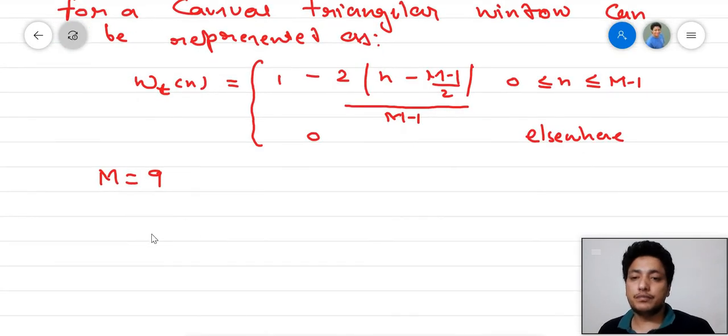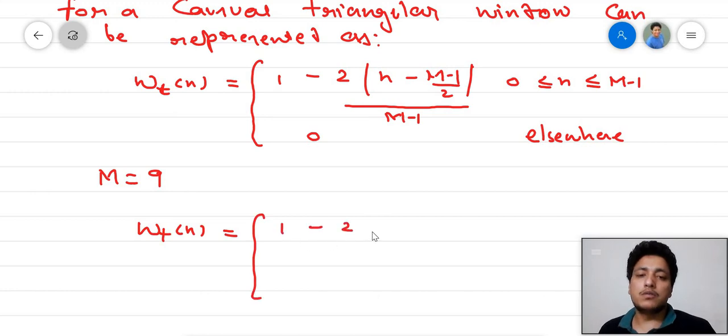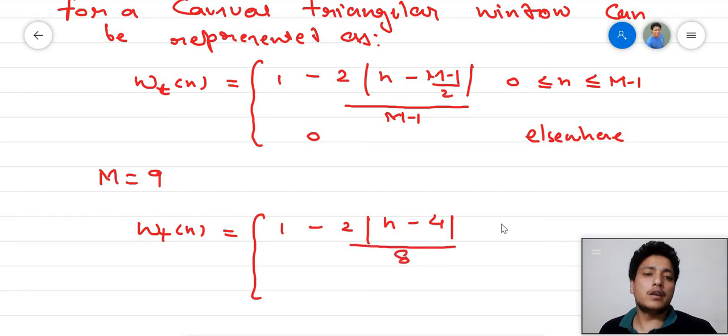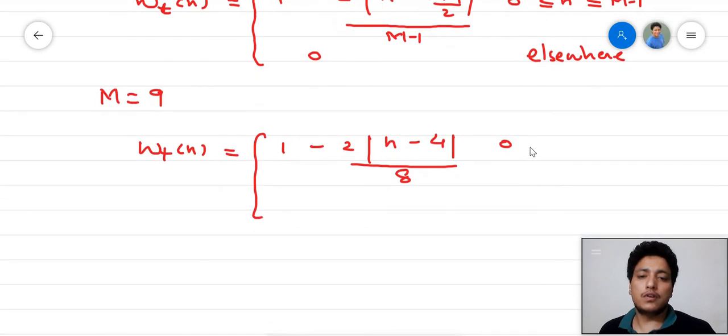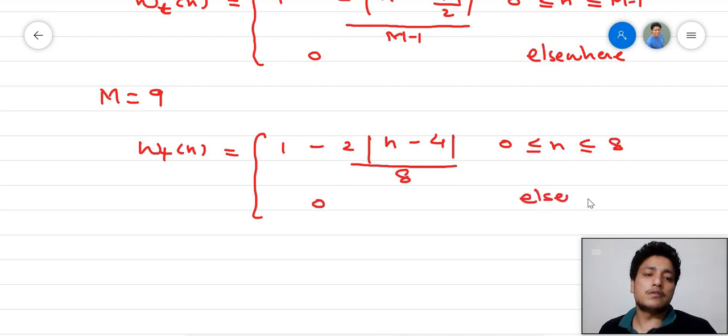Then w_t(n) will be equal to 1 minus 2 mod n minus 4 over 8, for n from 0 up to 8, and 0 elsewhere.